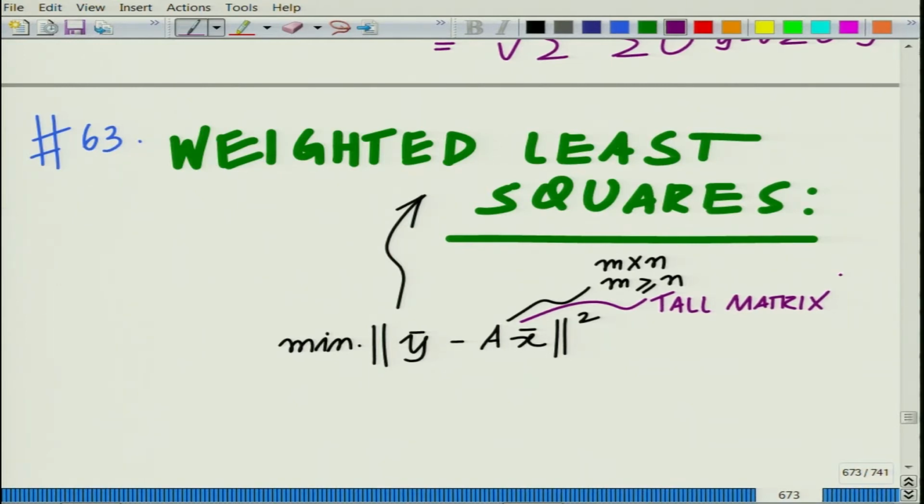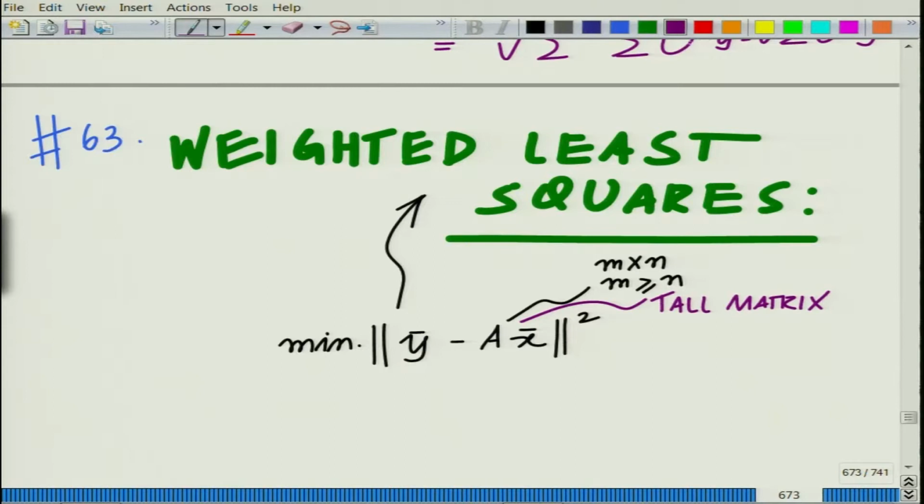You want to find the x bar such that A x bar is the best possible approximation to y bar, the observation vector, and the square of the norm of the error, which is y bar minus A x bar, is what we are minimizing. That is essentially what the least squares problem is achieving.